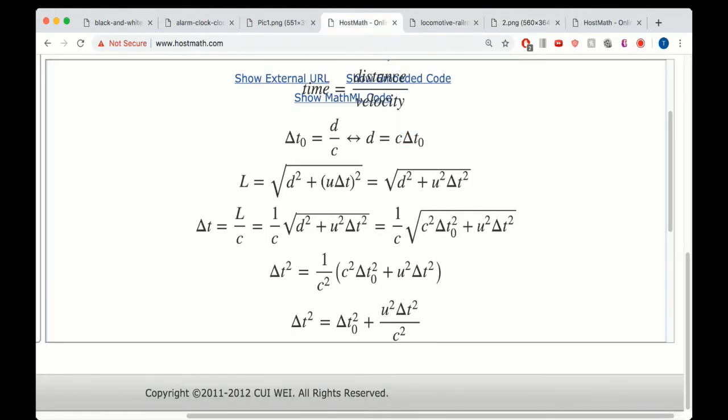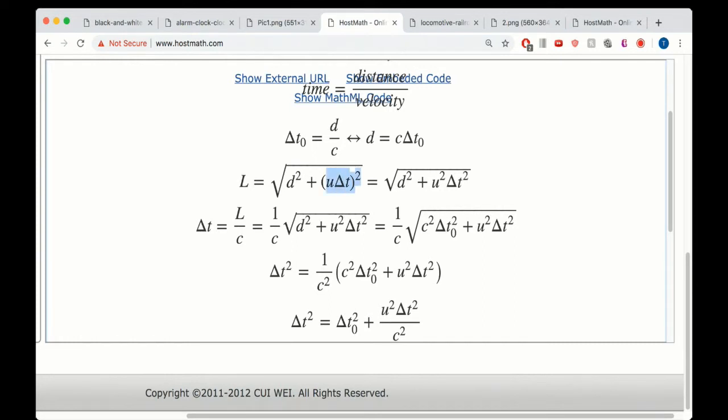So, now we'll use Pythagorean's theorem, and the vertical distance traveled is d, and the horizontal distance traveled is u delta t. So, by using Pythagorean's theorem, we can solve for the total distance L, which is the square root of d squared plus (u delta t) squared.